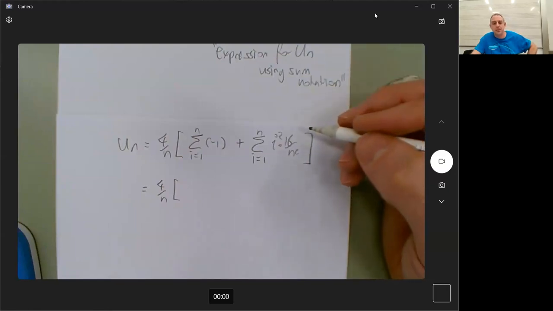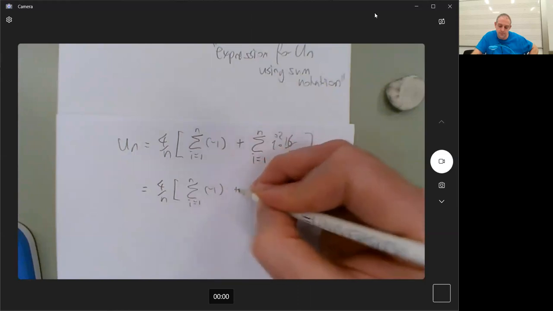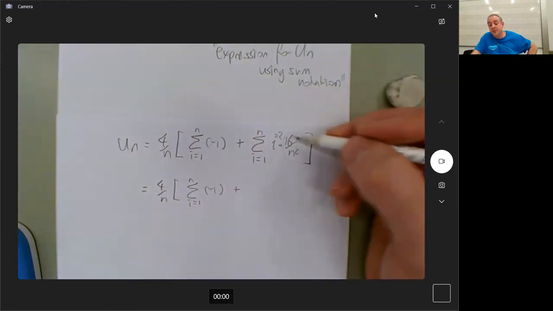The other thing you can do is anything that doesn't involve an I that's multiplied on, you can factorize it out.